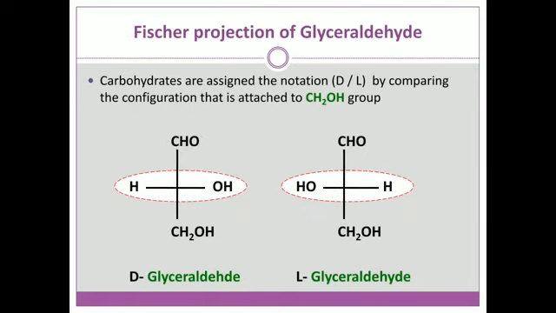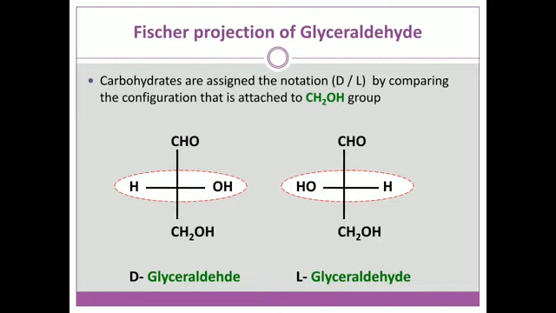Now let us see the Fischer projection formula for glyceraldehyde. Here these two structures are the Fischer projections of glyceraldehyde and they differ only in the spatial arrangement of atoms in the chiral carbon. This chiral carbon is attached to the CH2OH group.